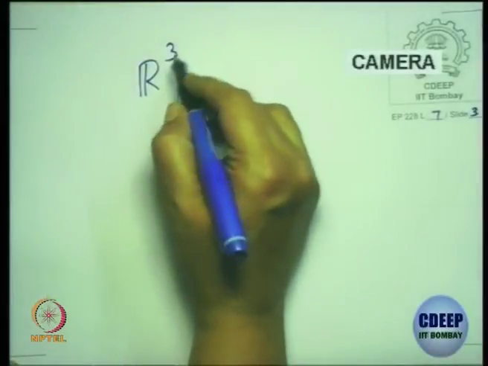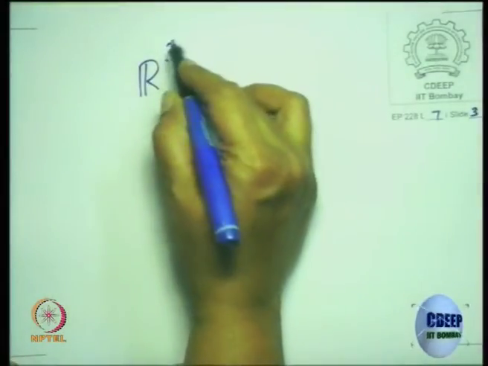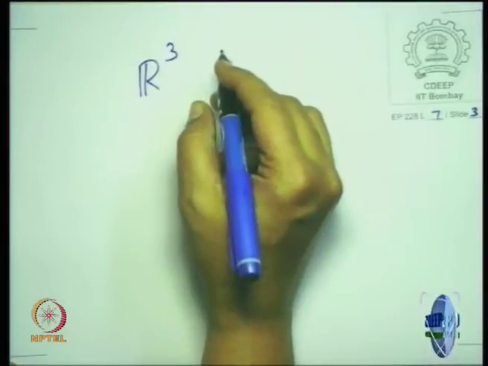Span means you should be able to write any arbitrary vector using those spanning vectors, okay. Suppose let us take the same familiar R3. So this 3-dimensional space is sometimes called R3. R3 is a notation where this 3 denotes x, y and z axis.